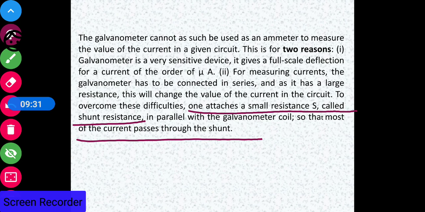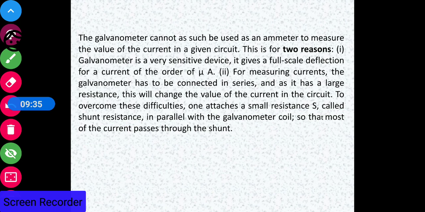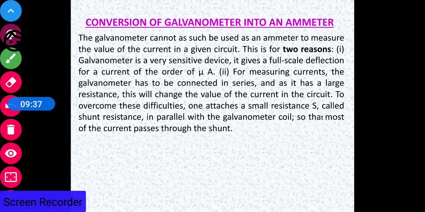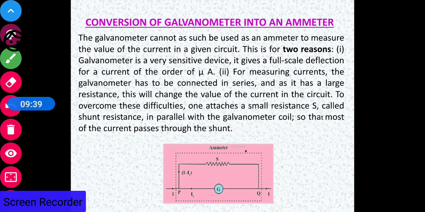So it will change the actual amount of current flowing in the circuit. Now how can we convert it into an ammeter? Here we attach a small resistance in parallel to the galvanometer, so most of the current may pass through the shunt.